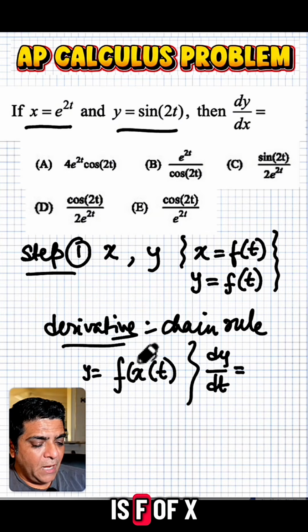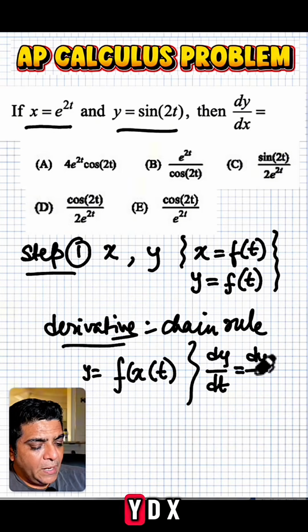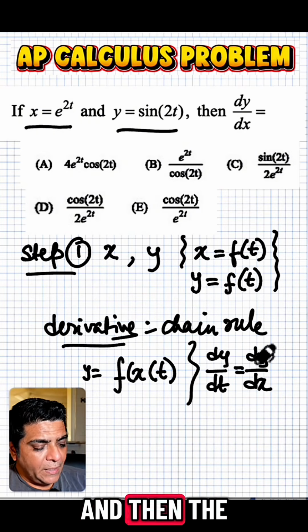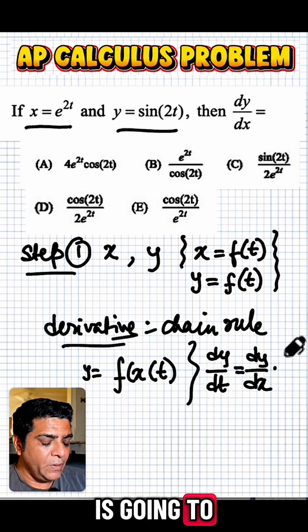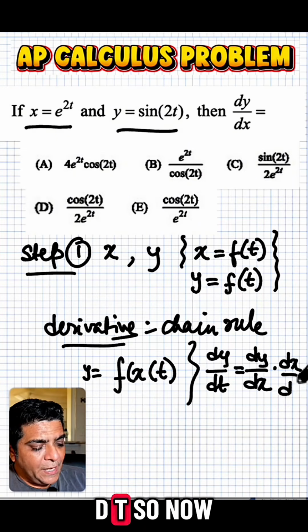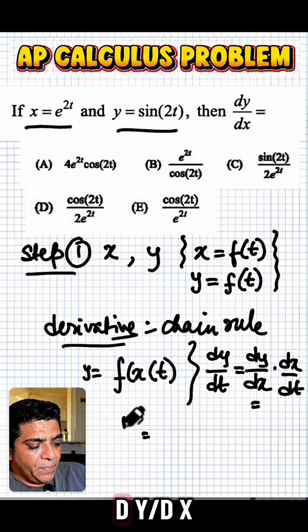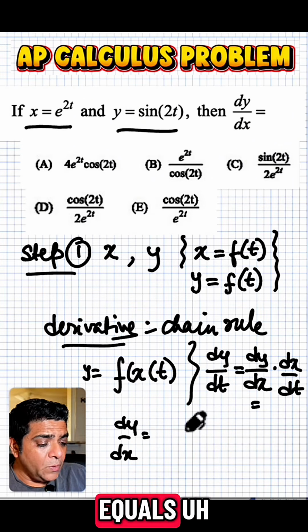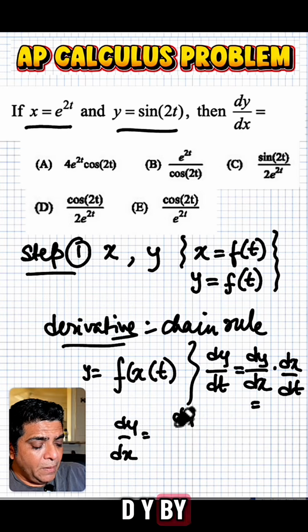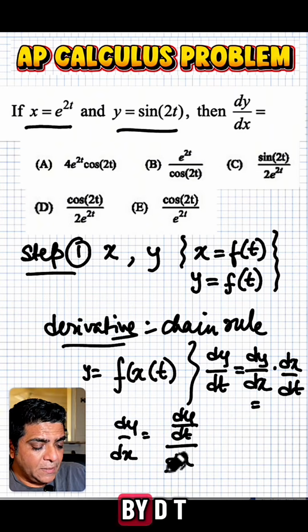The outer function gives dy/dx, and the derivative of the inner function is dx/dt. Now all I have to do is cross multiply, and I get dy/dx equals dy/dt divided by dx/dt.